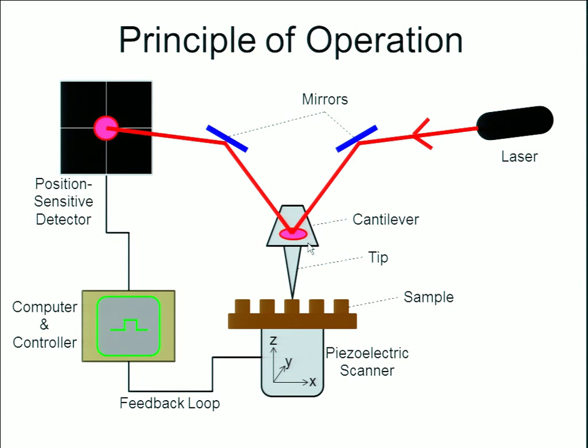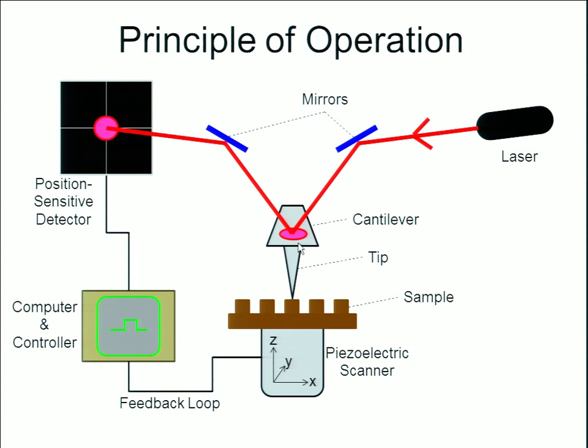A cantilever you can think of as a tiny diving board, and it's coming out at us right now, and the tip is below interacting with the sample. The piezoelectric scanner is going to move the sample left and right in the x-axis, forward and backwards in the y, and actually up and down in the z to try to maintain a constant force or constant cantilever deflection as it is rastered underneath the probe tip.